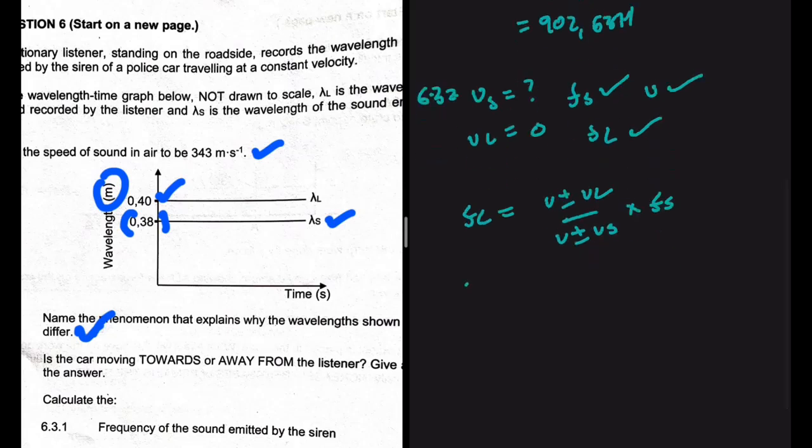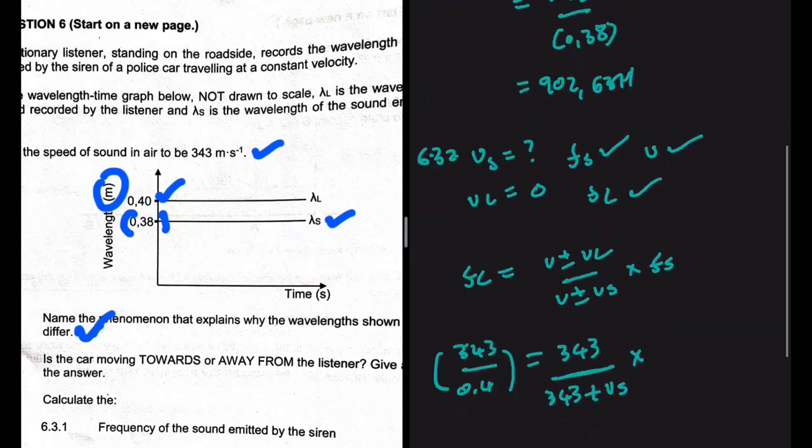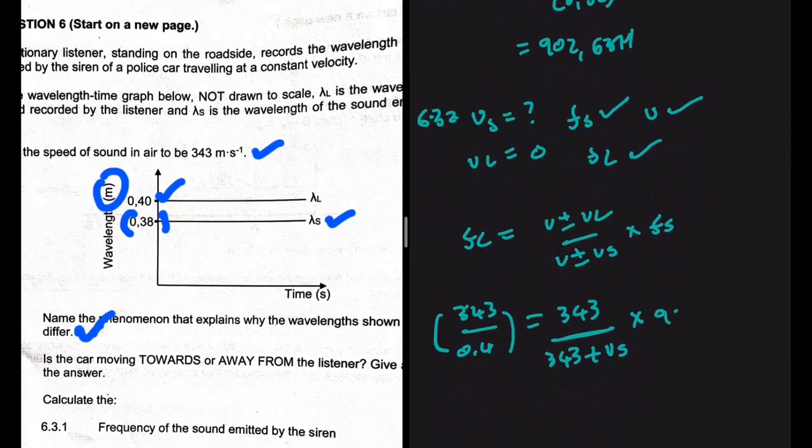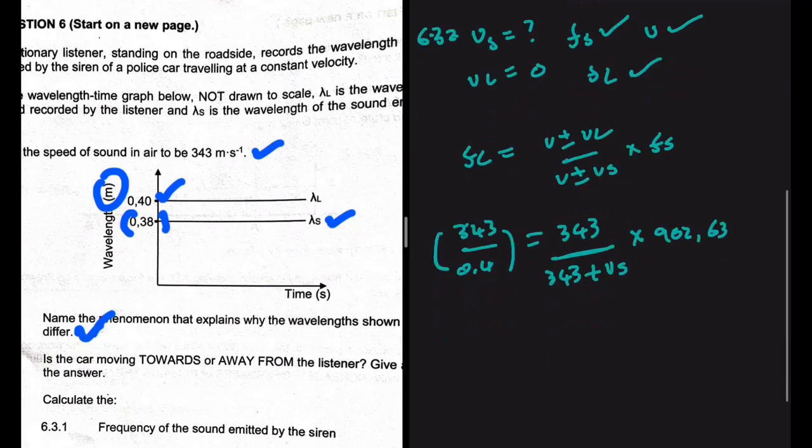So FL, the frequency observed by the listener, is 343 divided by the wavelength, which is 0.4. And then we have V, which is 343. The listener is stationary, so plus or minus 0. And then we have 343. The sound source is moving away, so we're going to have plus VS, multiplied by the frequency emitted by the sound source, which is 902.63.